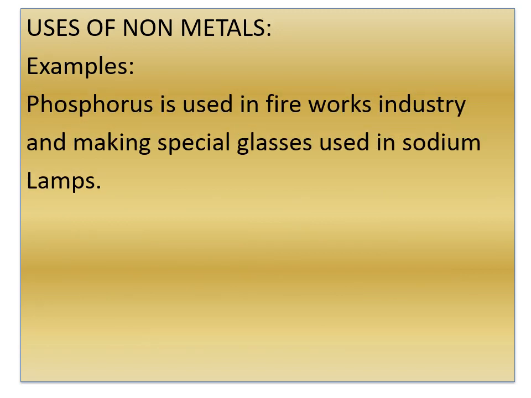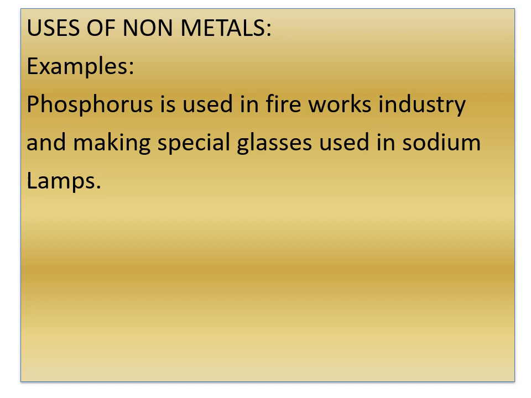So phosphorus is used in the firework industry. Not only that, it is used in making special glasses which are used in sodium lamps. Sodium lamps are not found nowadays. Actually, they were used as street lights in olden days.